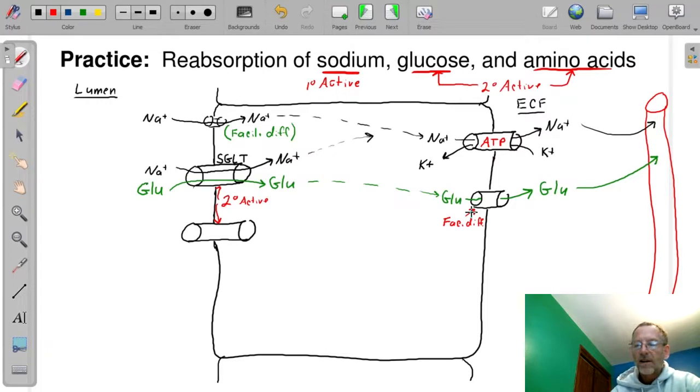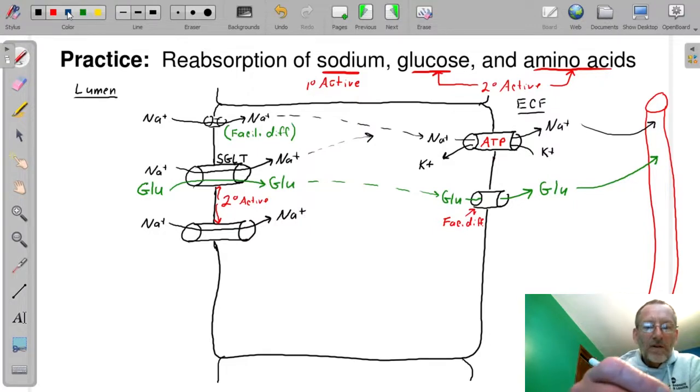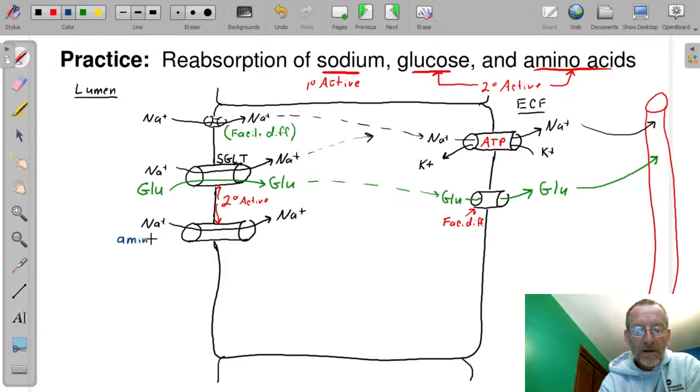The amino acids are reabsorbed in a similar way, just by secondary active transport using a different transporter. The basic story again is that it has to be linked to sodium. So sodium enters the cell. Get rid of it as before. And then we bring in amino acids, which I often just abbreviate as AA.